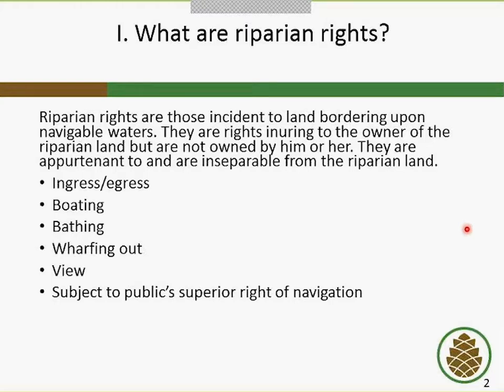Again, it's an interest that has to be weighed. There's also a hierarchy between these rights that's been loosely recognized by the courts, and view has traditionally fallen to the bottom, below access, ingress, egress, that sort of thing, wharfing out even.